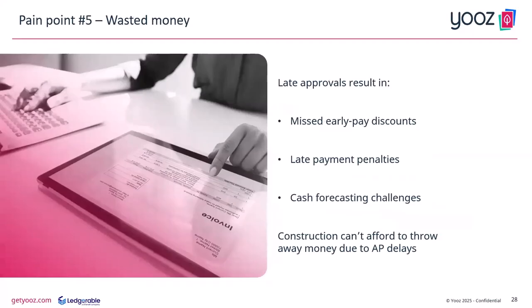So late payments mean missed discounts and extra fees. In today's climate, construction companies, we all know you can't afford to throw away money due to delays. My advice to you is you want to identify your top 5 vendors by volume, negotiate early pay discounts.